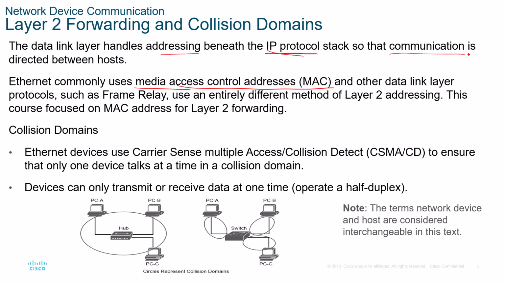All local communication is going to be looking at that MAC address. You can have other data link layer protocols, not just Ethernet. While most commonly we look at the Ethernet frame using the MAC address, we also have things like Frame Relay or other Layer 2 protocols that might use addressing slightly differently.